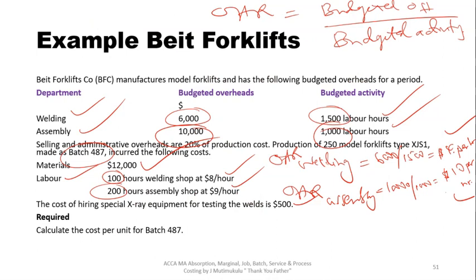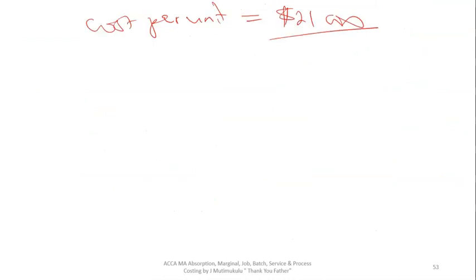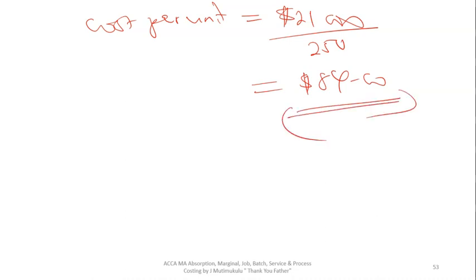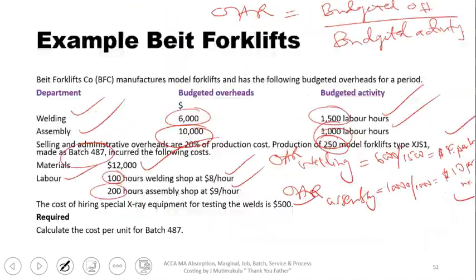It is a batch of 250. So that's divided by 250. We should get our $84 per unit. I'm sure you just have to replay the video to understand what is going on.